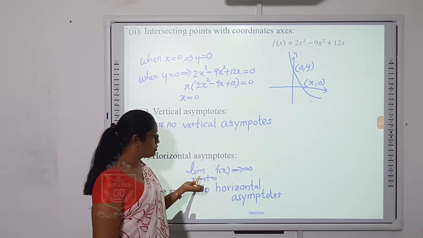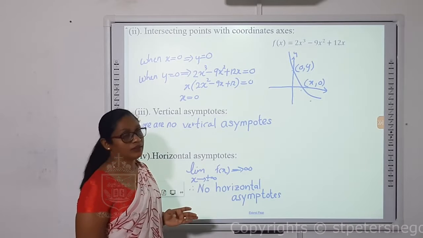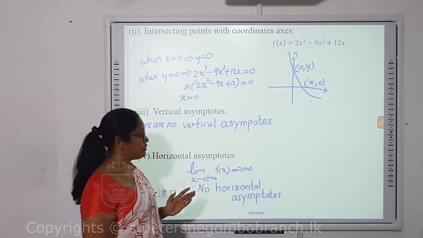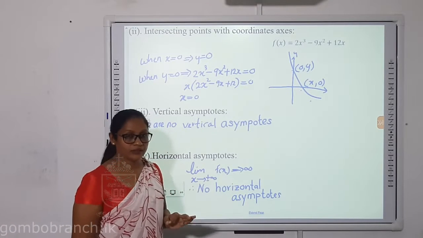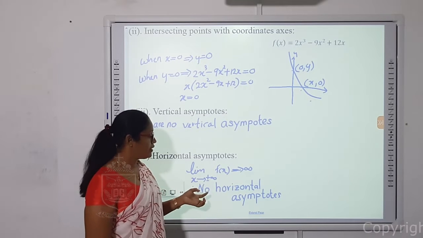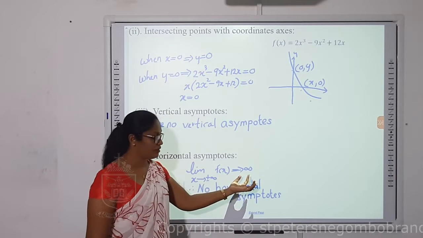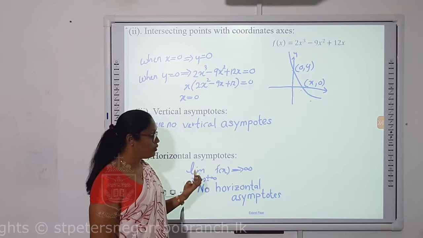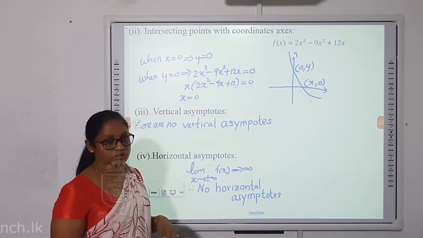Here it says x goes to plus or minus infinity. That means each and every term in the function goes to infinity, so the whole function goes to infinity. Infinity is not an answer. Therefore, to find the horizontal asymptotes, we should get a value here. Okay, so this is not a value. That means we can conclude there are no horizontal asymptotes, right? So these are the steps you should follow.